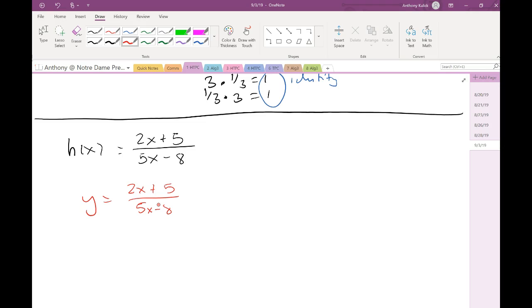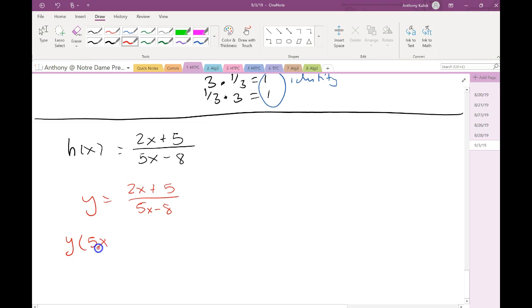Does anyone have a suggestion as to what I'd want to do first to get the x by itself? Yes, Bella. Yeah, that's exactly what I would do as my first step. The other way you could have said that same information is to say we'll cross multiply. Think about it as y over 1, and then you can do that cross multiply thing. You're describing the same process either way, but that is the first thing that I would do.